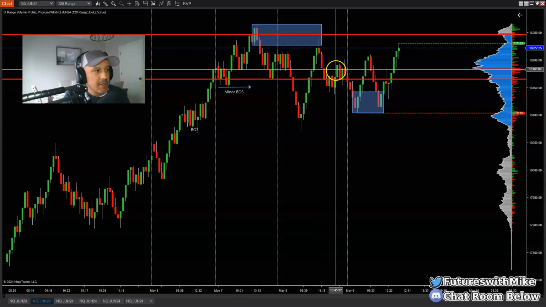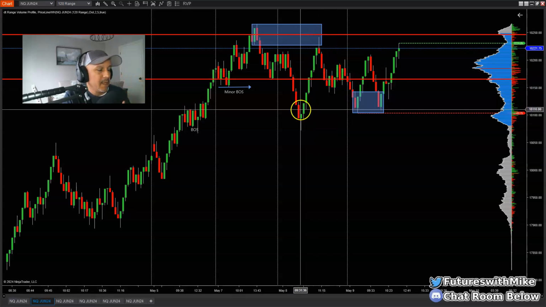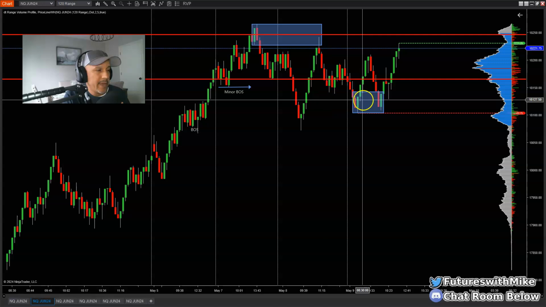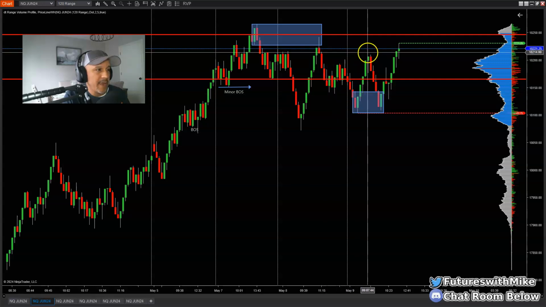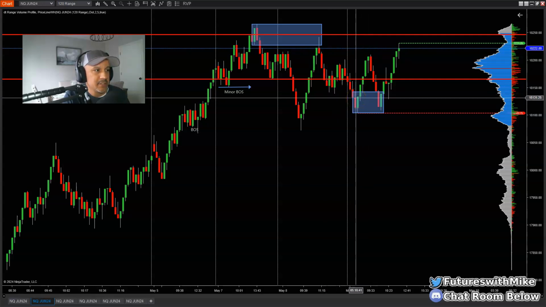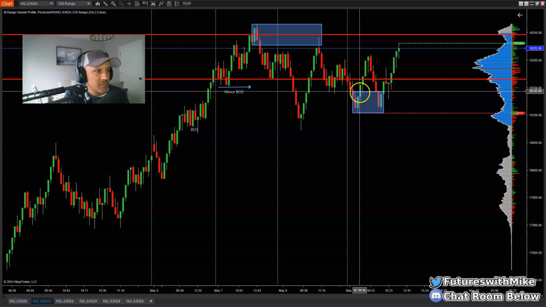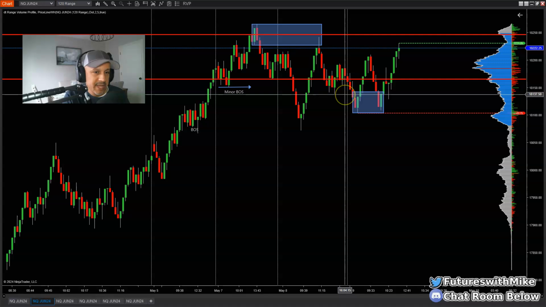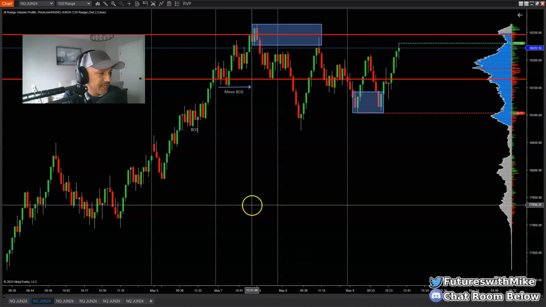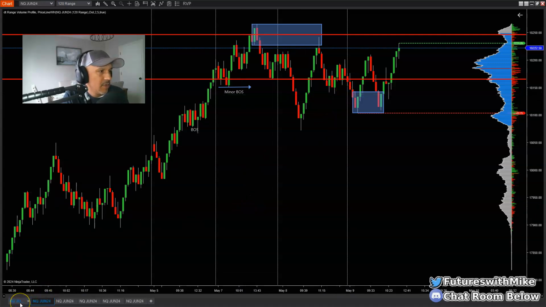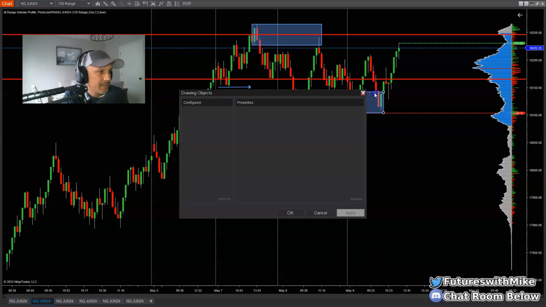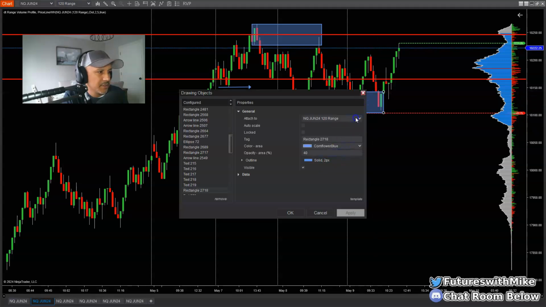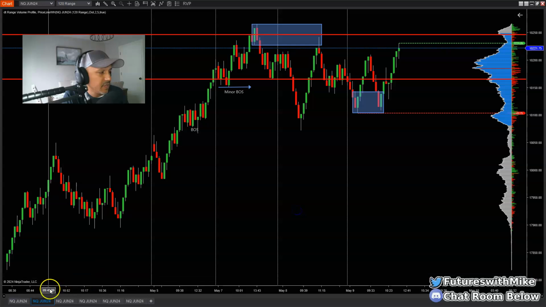What I saw this morning was that when we broke lower here, we actually broke below this area, then we broke back up, leaving this area of supply right here. So this was a structural break to the upside, even within this range, leaving this demand area. And if you move down to your lower base charts, for example, I'm going to put this on all charts so we can see on the 60 range.